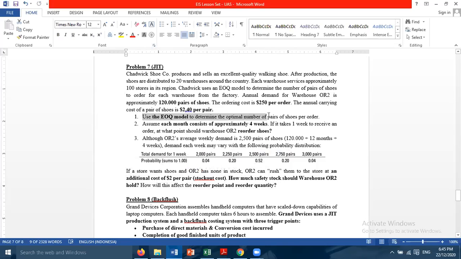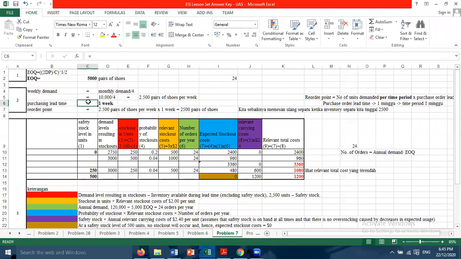First, we are asked to use the EOQ model to determine the optimal number of pairs of shoes per order. When it comes to the EOQ model, all we need to do is just follow the formula. Remember, the formula is Q, or EOQ, equals the square root of 2 times demand for that specified period times the ordering cost divided by the carrying cost.